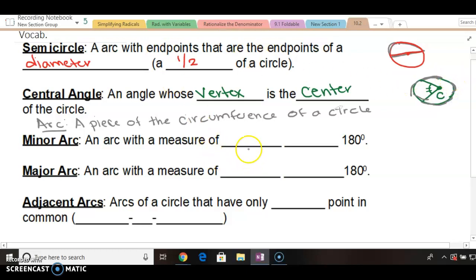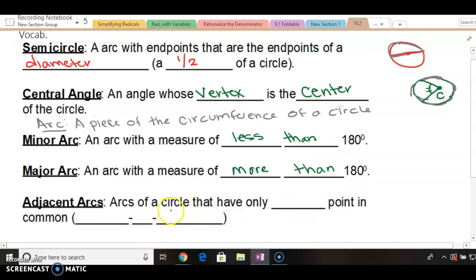A minor arc would simply be an arc that has a measure of less than 180 degrees, so it's smaller than a semicircle. And then a major arc, as you could probably guess, is more than 180 degrees, so it's larger than a semicircle.